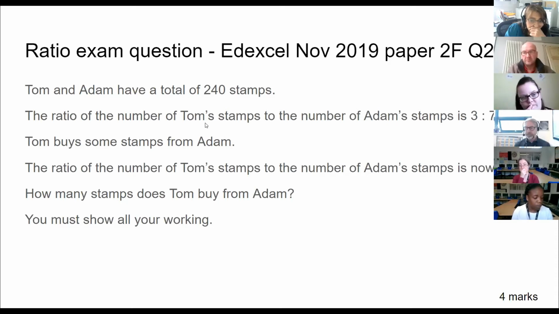Also, if you can write in the chat what percentage of your students you'd think would attempt this question. And again, any misconceptions or mistakes that you think students would make in this question as well.